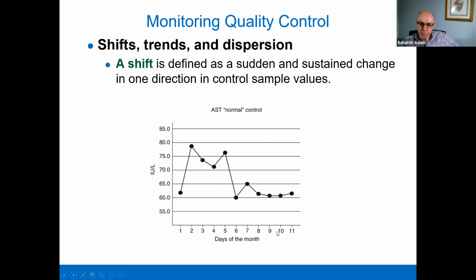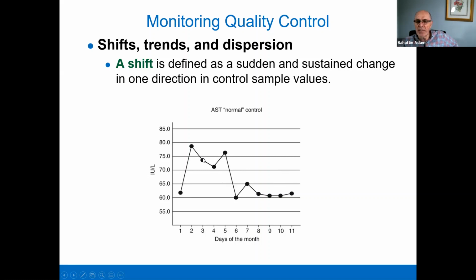As you see, this is a follow-up of one lab test, ALT, which is a liver enzyme, and here 70 units per liter is the median, and 1 and 2 standard deviations are accepted.